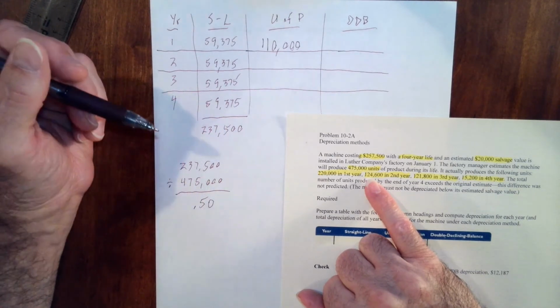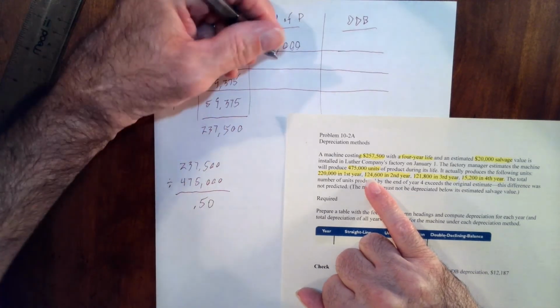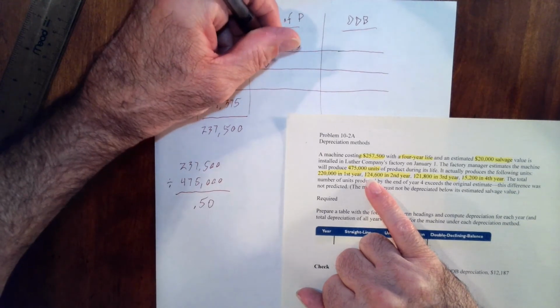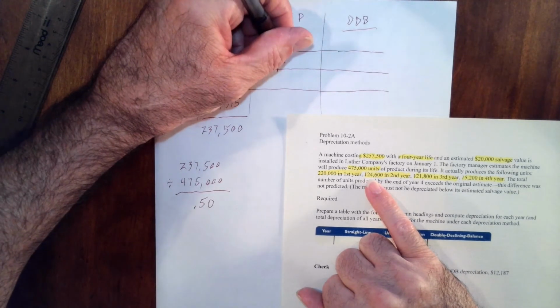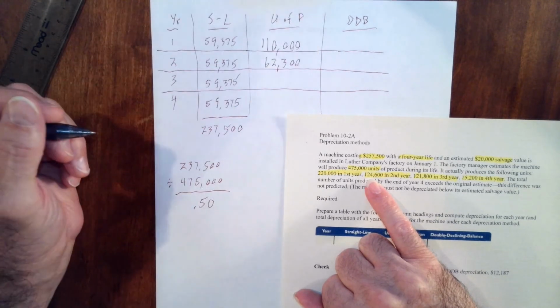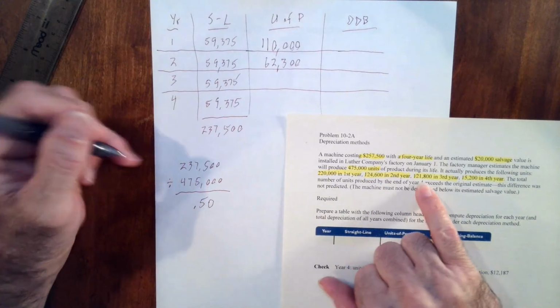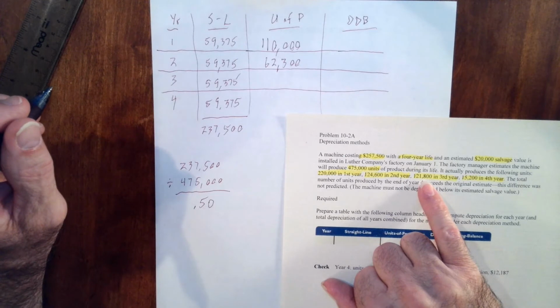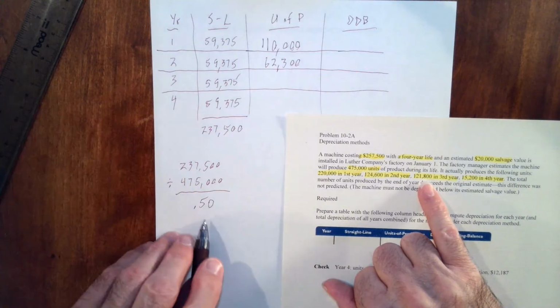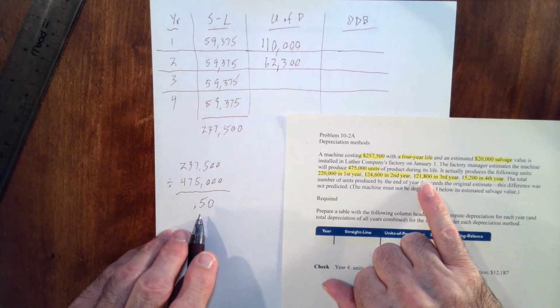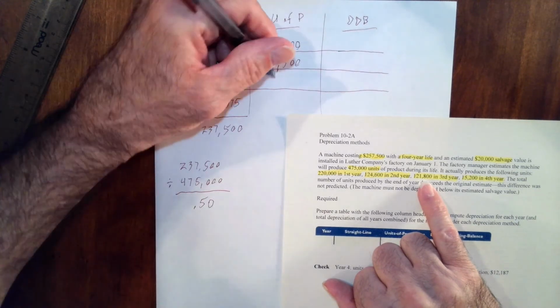That then gives me 62,300. Next, 121,800 for the third year times 50 cents per unit. That's going to be 60,900.